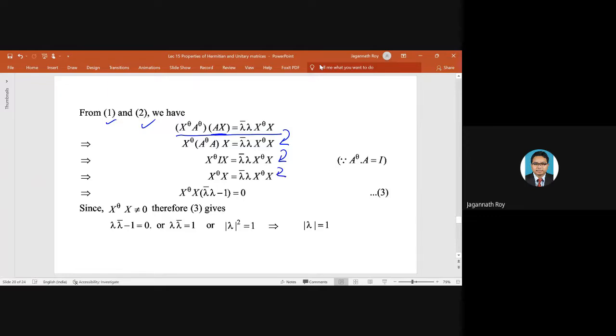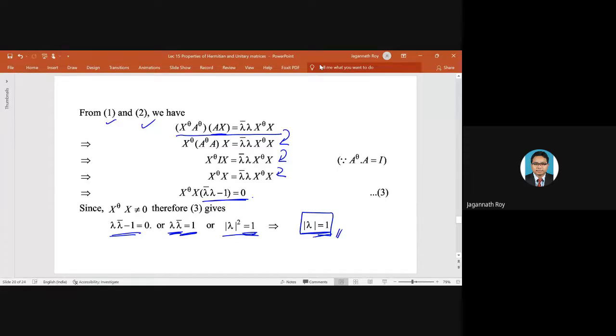After simplifying, we see that x theta and x are non-zero, because x is non-zero, so their product is also non-zero. Therefore, we must have this relation as 0. So lambda into lambda conjugate equals 1, which means the absolute value squared equals 1. So it is nothing but the absolute value is 1. So this fourth property is also very important.